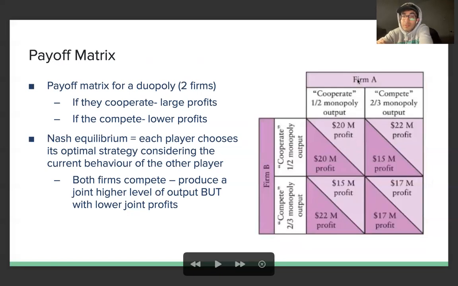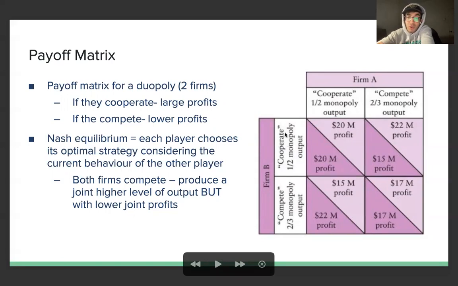So let's say firm A had two options, either to cooperate and create a 50% monopoly, or to compete and have a higher than 50% market share. So whenever firm B also cooperates, they split the profits 50-50. So 20 million, 20 million.